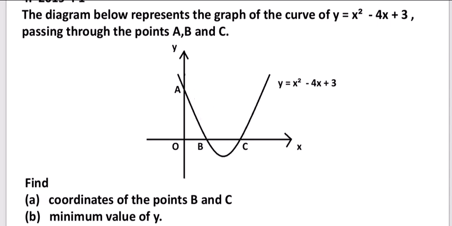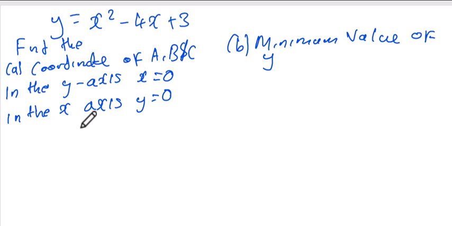In this question, we are told to find the coordinates of A, B, and C. So we should take note that on the y-axis, x is equal to 0, and on the x-axis, y is equal to 0.